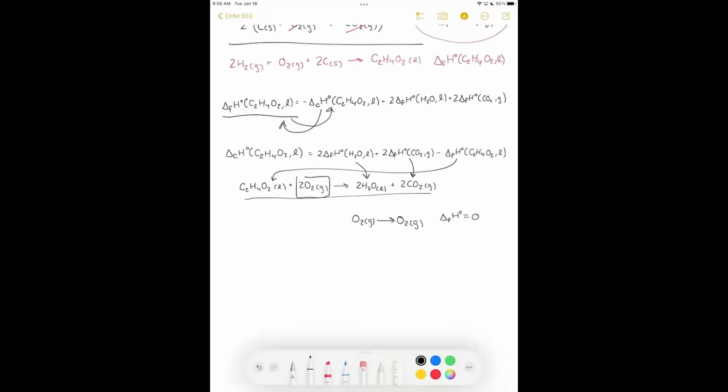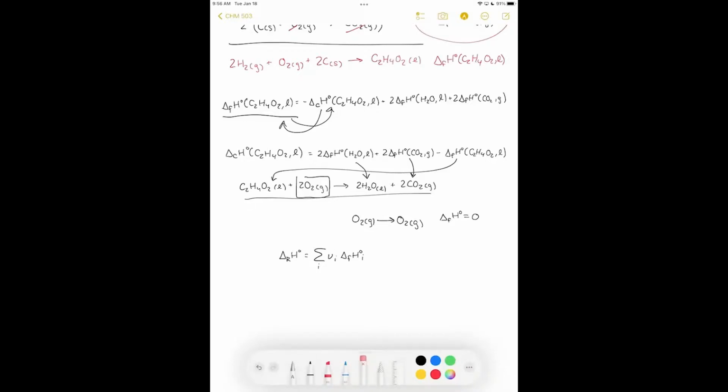We can write this in the following way. We'll say that in general, the delta H naught of a reaction is equal to the sum over i, where i is all of the chemical reactants or products here, of nu i times delta H naught of formation of all of our substances. So here we're simply summing over all of our enthalpies of formation. This nu is the stoichiometric coefficient.